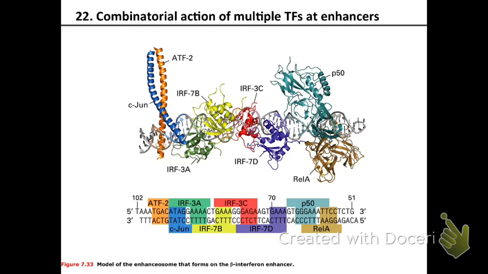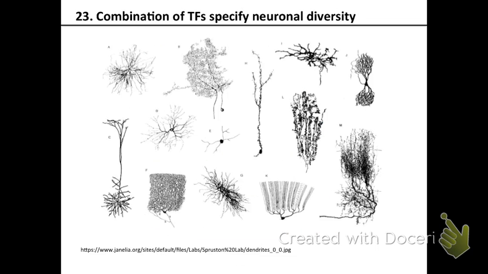All right. So what are some concrete examples of this? The best concrete example, in my opinion, of how combinations of transcription factors can control transcription and regulate cell structure and function is in neurons. Some of you are neuro majors, so you might really appreciate this picture showing all kinds of different neurons.